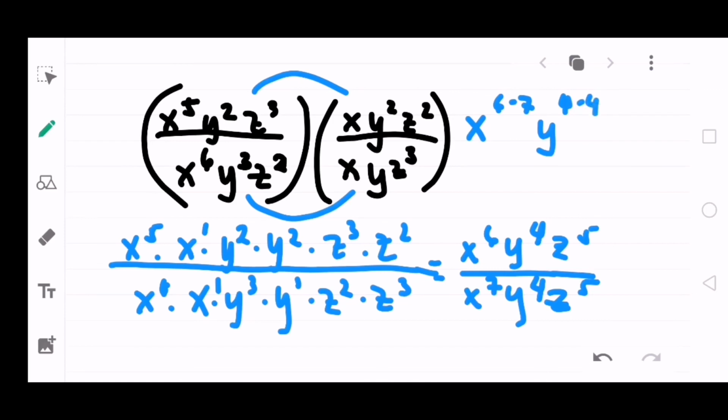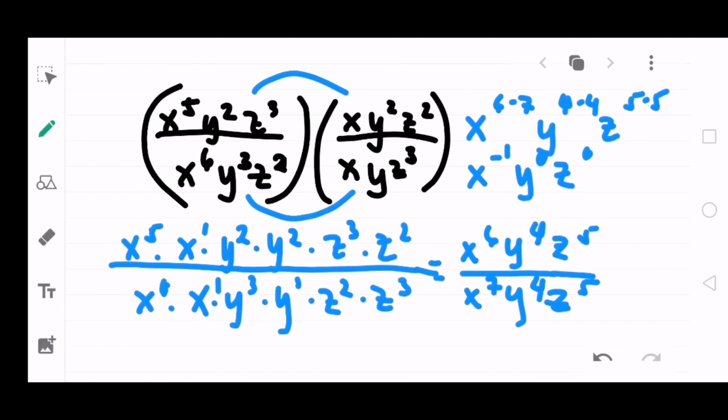And then for c, we will have 5 minus 5. Now for 6 minus 7, that is negative 1, so we'll have x raised to negative 1. For y, raised to 4 minus 4, so y will now be raised to 0. 5 minus 5 will give us 0 again, so we'll have c raised to 0.